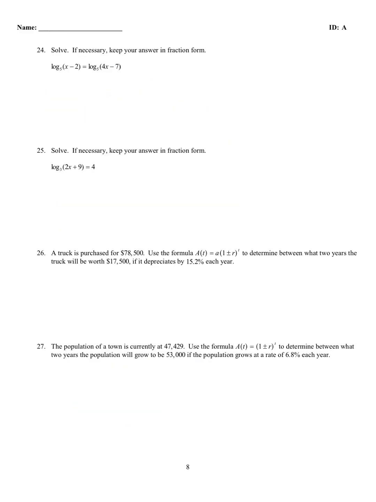For number 24, it tells you to solve and keep your answer in fraction form if necessary. For this one, you have log 5 of x minus 2 is equal to log 5 of 4x minus 7. Because the base on the log is the same on both sides, they will cancel out, and you will just work with x minus 2 is equal to 4x minus 7.